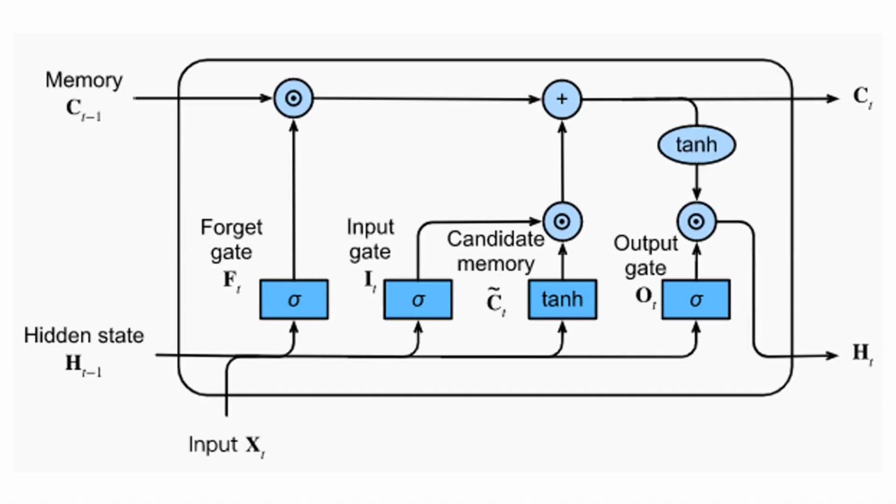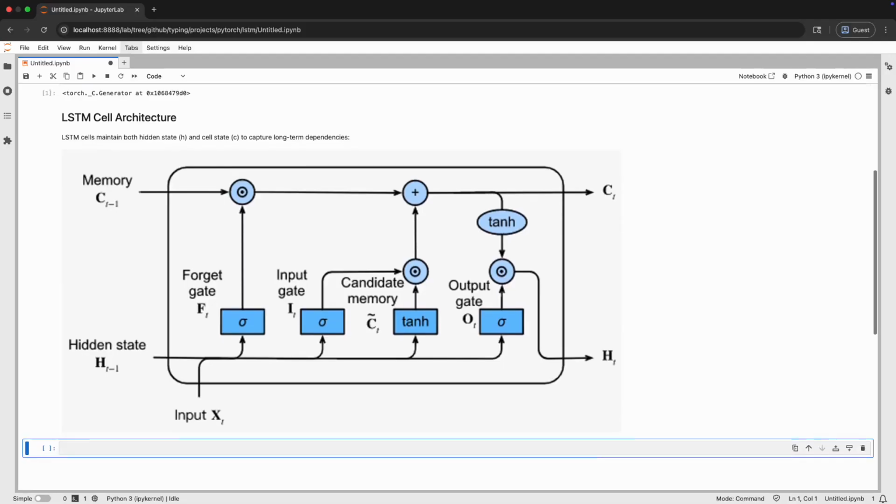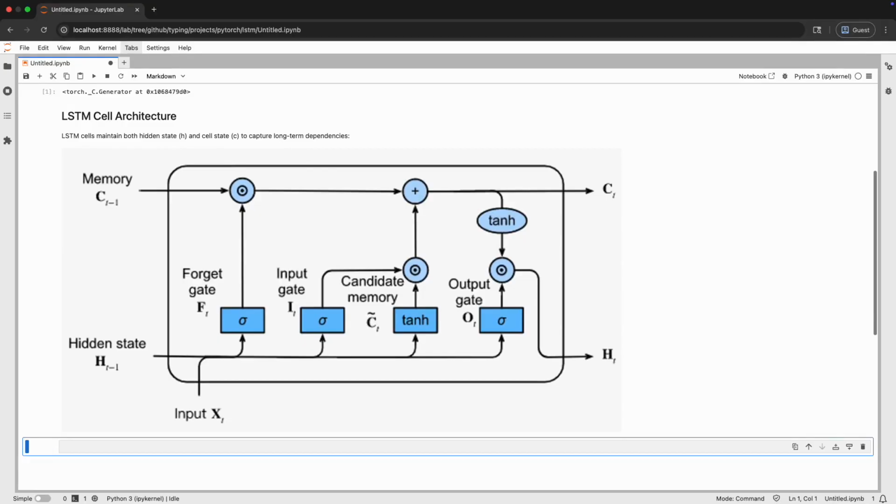This dual-state system allows LSTMs to capture long-term dependencies in sequences much more effectively than vanilla RNNs. The cell state flows through the network with minimal transformations, while various gates control what information to keep, forget, or output.